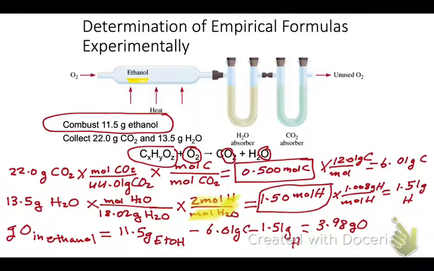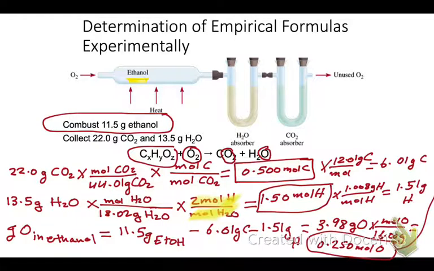To get empirical formula, I need moles, so I'm gonna immediately say 1 mole of oxygen weighs 16.00 gram, and if I do the math, that will give me 0.250 mole of oxygen. So I'm gonna move the answer up here so you guys can see it.